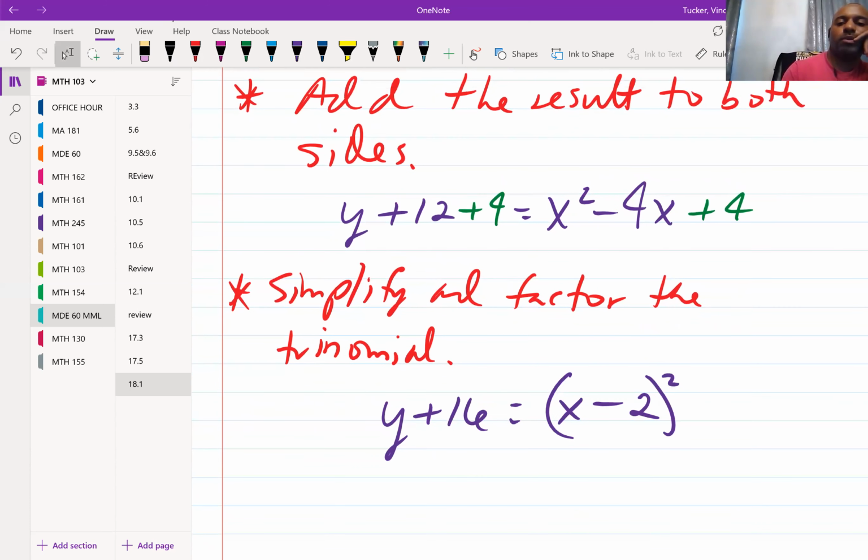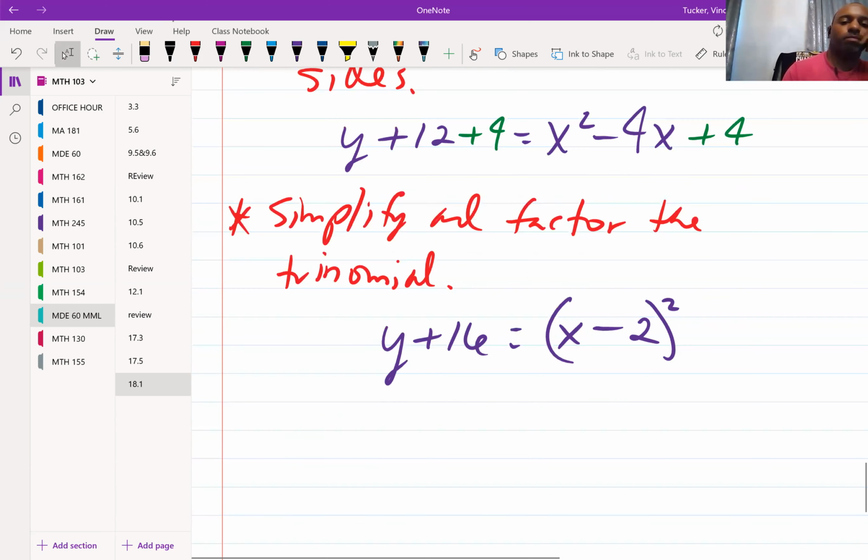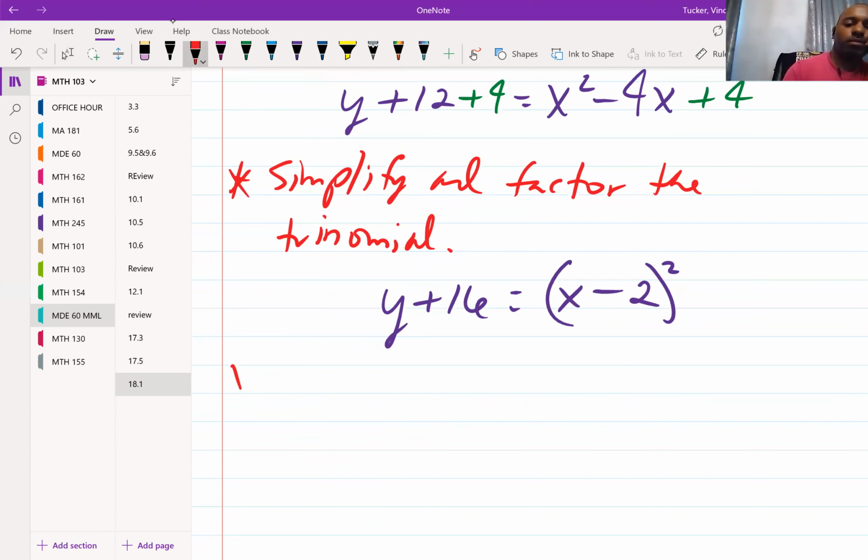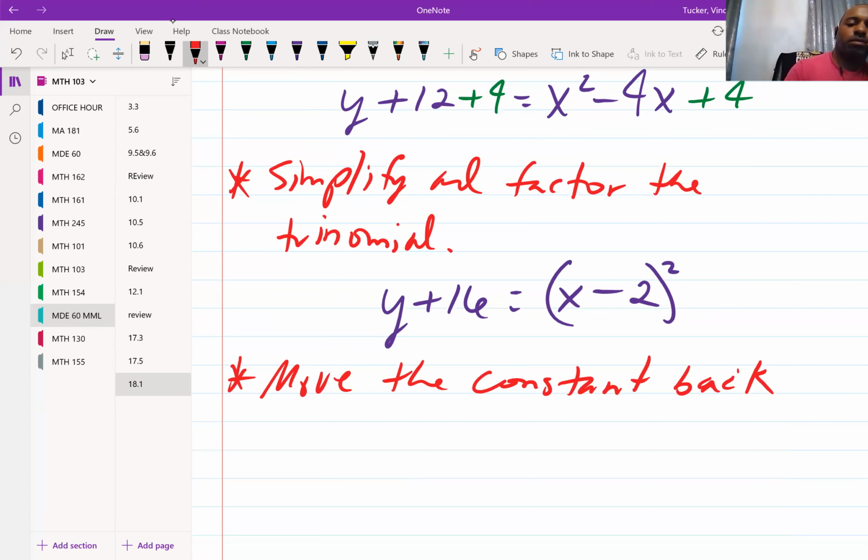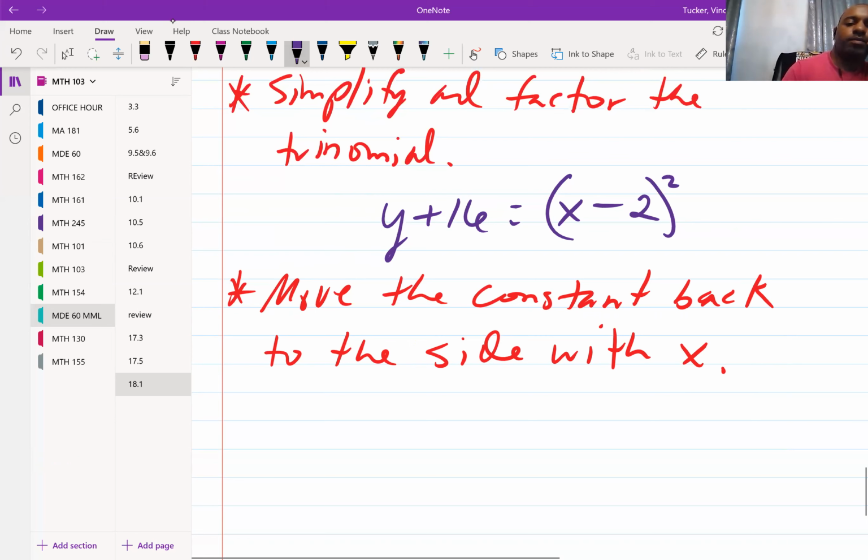Any problems? So now we're going to take the 16 and move it back to the side with the x's.